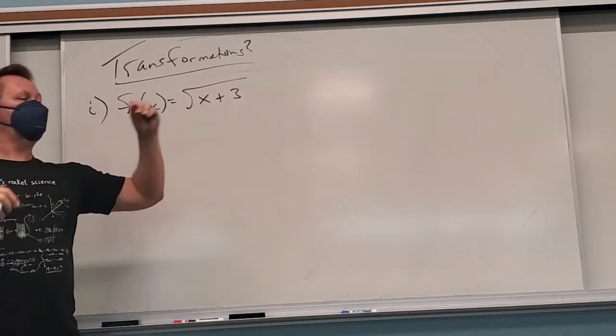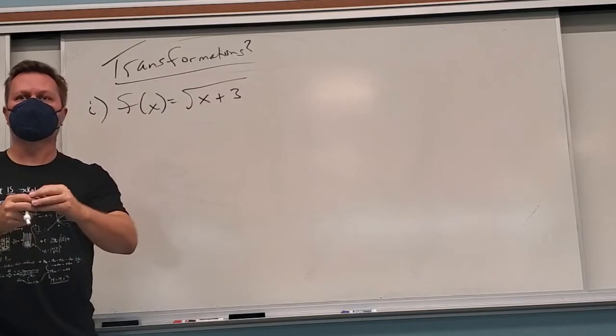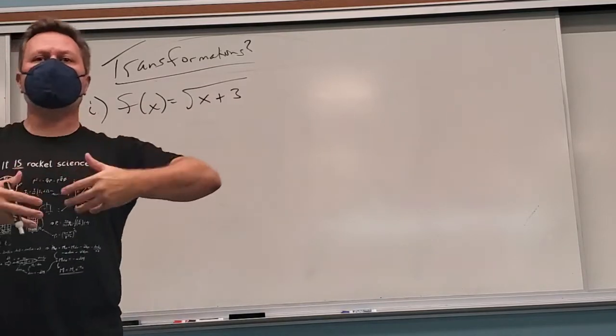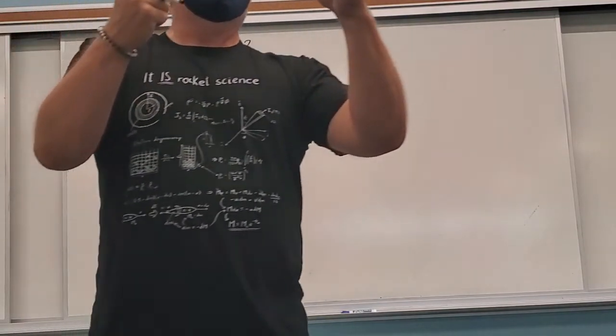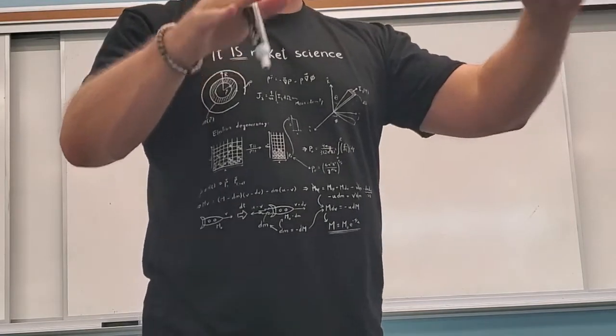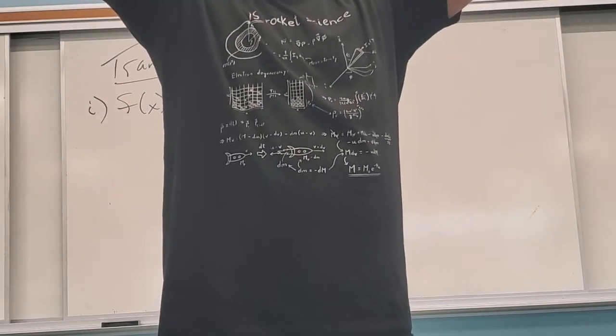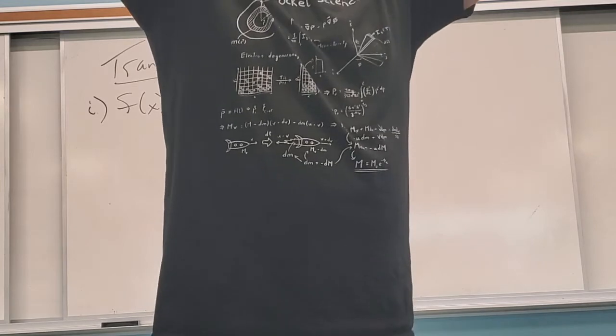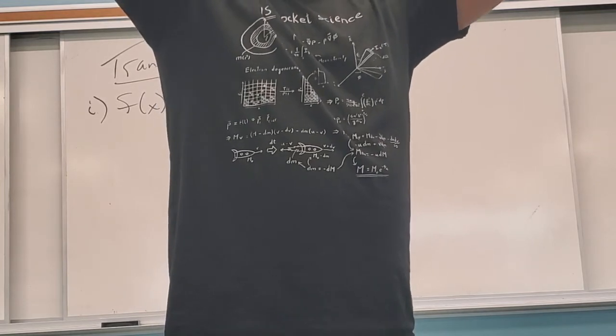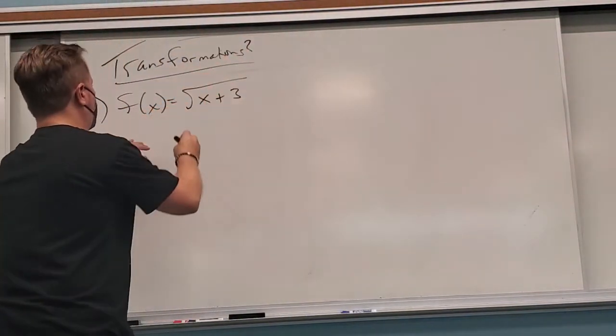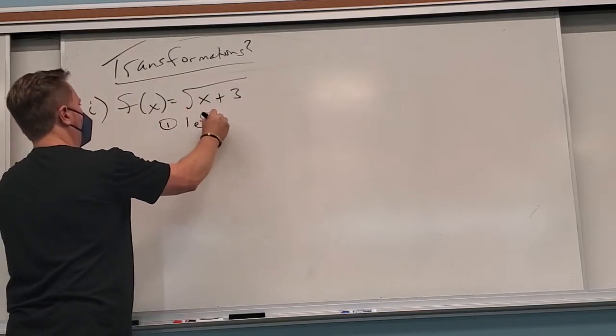Because all my inputs can be 3 less than they used to be, because the first thing I'm doing is adding 3. So when it's in with the x value, it has the opposite effect on the graph. So this would be a shift to the left 3.